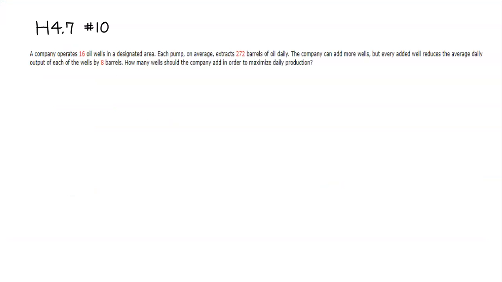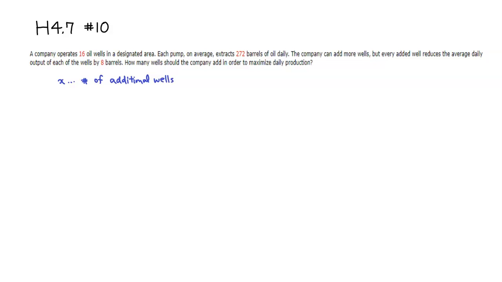All right, so for daily production, I'm going to call it P of X. So first, we have to let X be the number of additional wells.